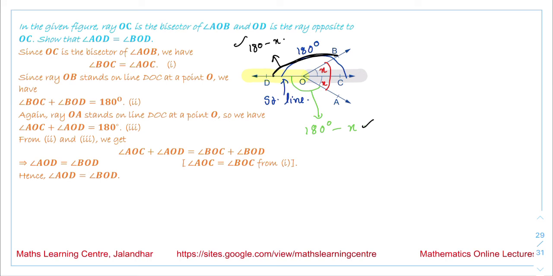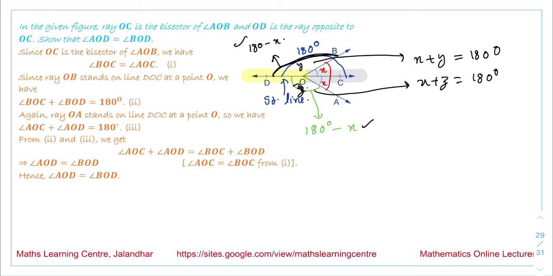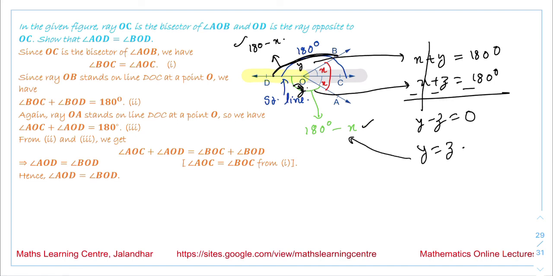Suppose this angle is Y and this angle is Z. So x plus y is equal to 180 degrees, and x plus z is equal to 180 degrees. We subtract these two equations and get y minus z is equal to 0. So y is equal to z, and this is what we had to prove.